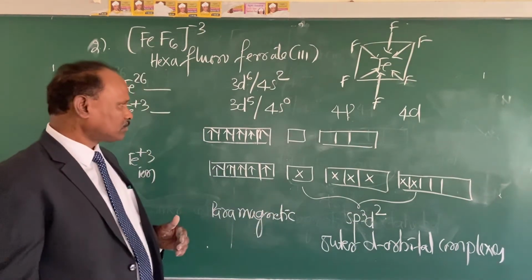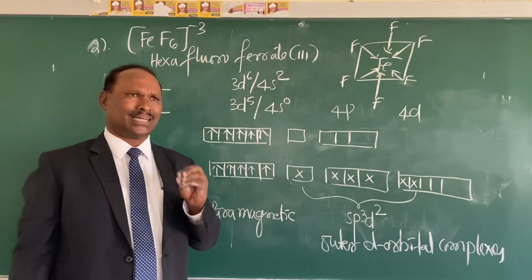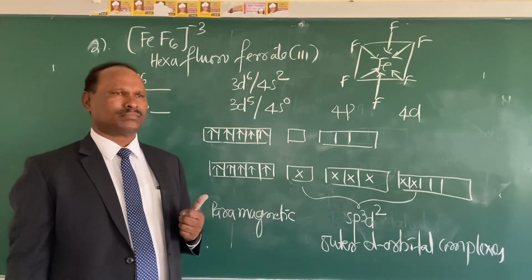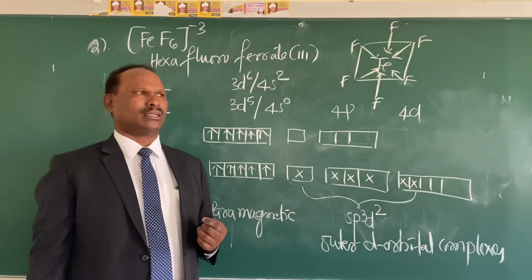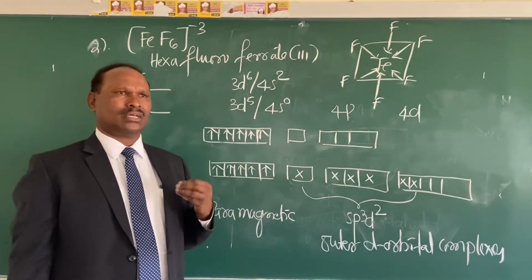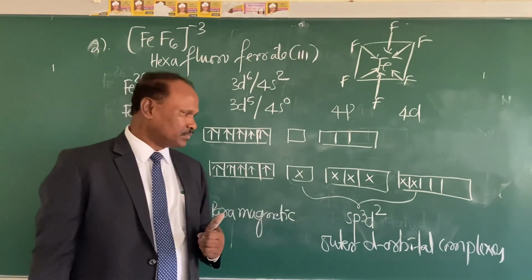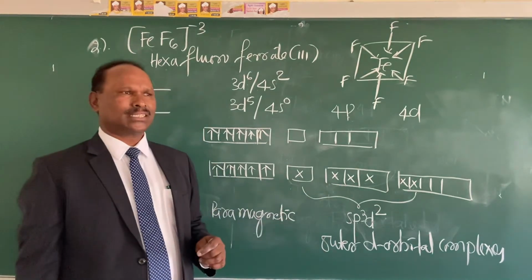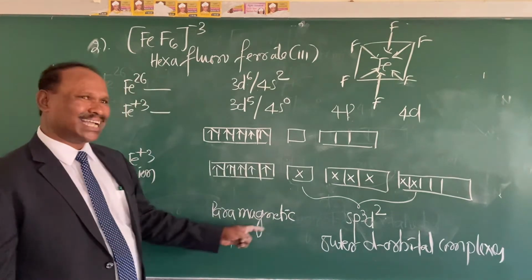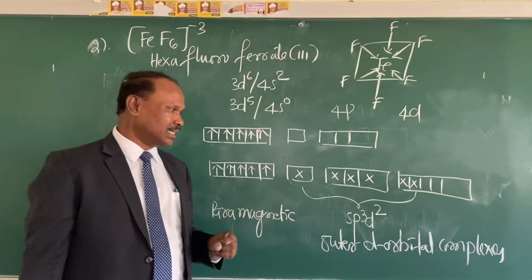Now you see the first two complexes we called inner d orbital complexes, and you have seen that either they are diamagnetic or have reduced paramagnetism. Now here in case of the outer orbital complexes, you are noticing that they are highly paramagnetic in nature.